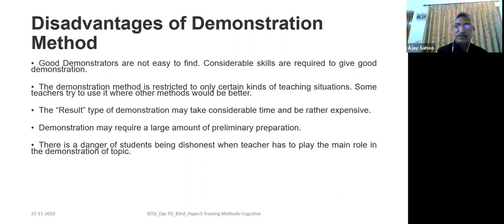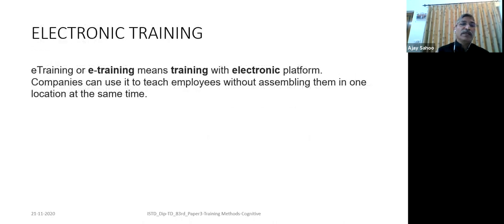So anything to do with an electronic gadget which is used for training is electronic training. E-training means training on any electronic platform, be it mobile, laptop, computer, internet, or MOOCs, the massive open online courses. These are all electronic training.